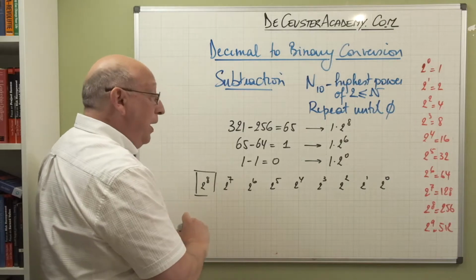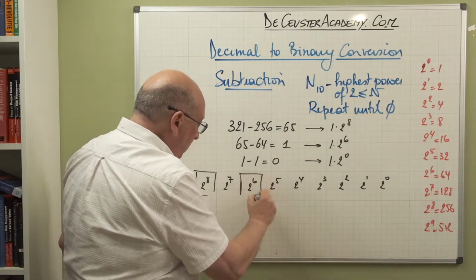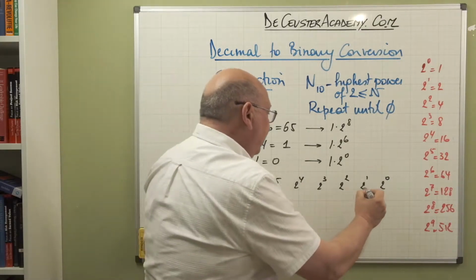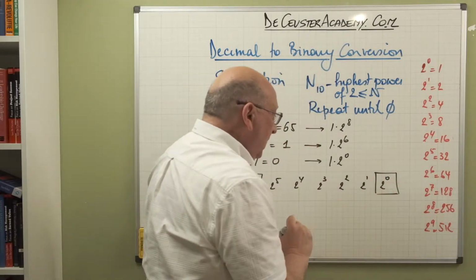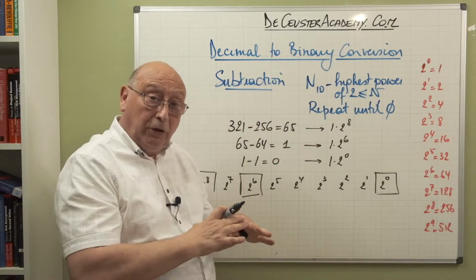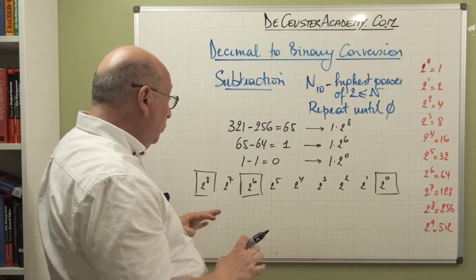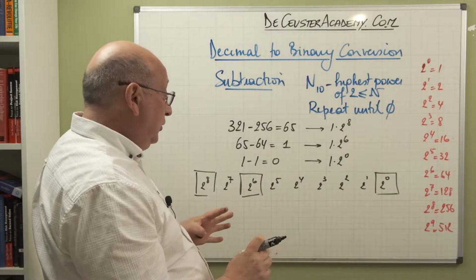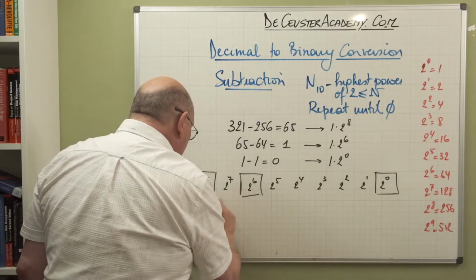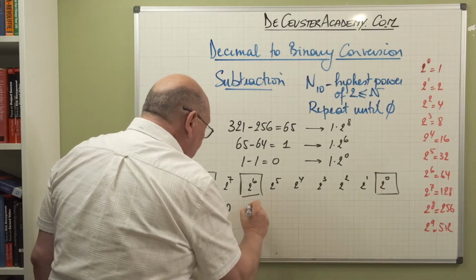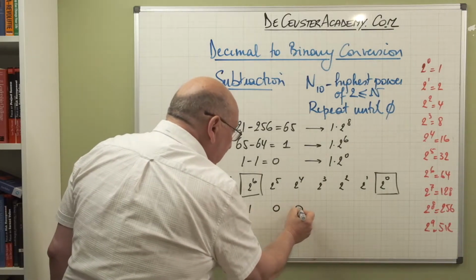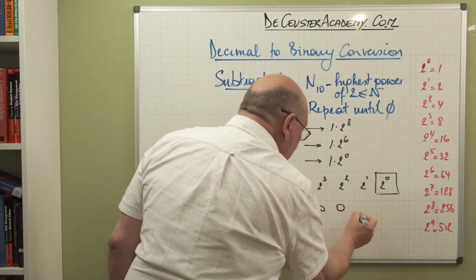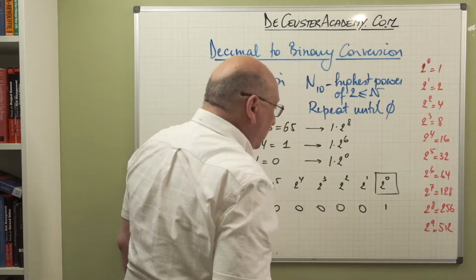I have 2 to the power 8, I have 2 to the power 6, and I have 2 to the power 0. So these are the coefficients of the binary number which are in fact equal to 1. So I can say that the number is 1, 0, 1, 0, 0, 0, 0, 0, and 1.